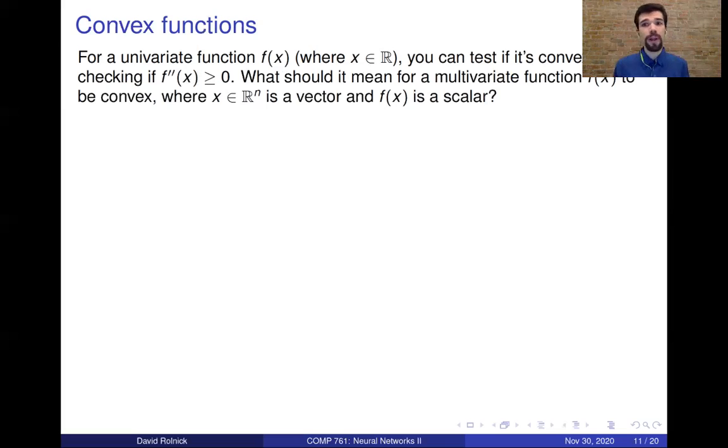Now, what does it mean for a multivariate function to be convex? So it takes in a vector as input, and it gives you out a scalar as output. What could it mean for a multivariate function to be convex?